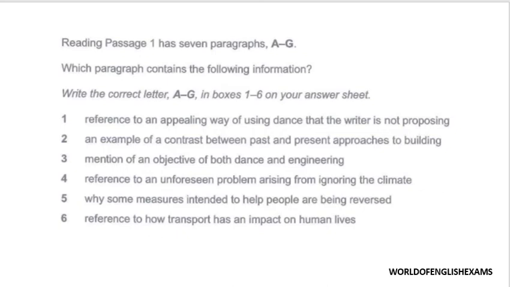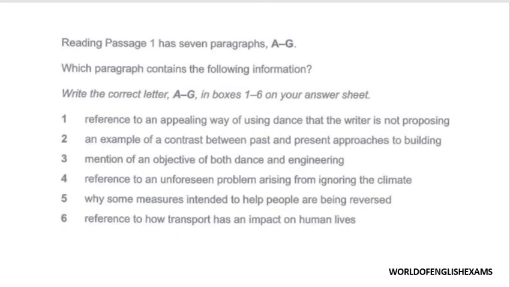An example. Now here you need to be very, very cautious, guys. Here it says an example, which means you are looking for a single example. "An" is an article that signifies singular. So an example of a contrast. Contrast is nothing but a difference. A contrast between past and present approaches to building.